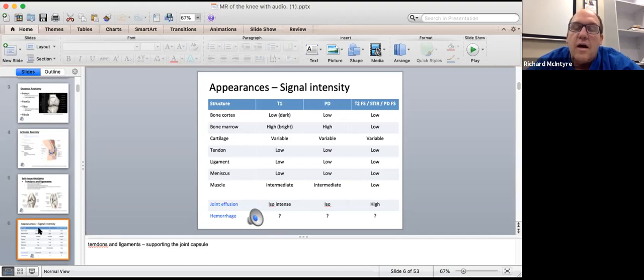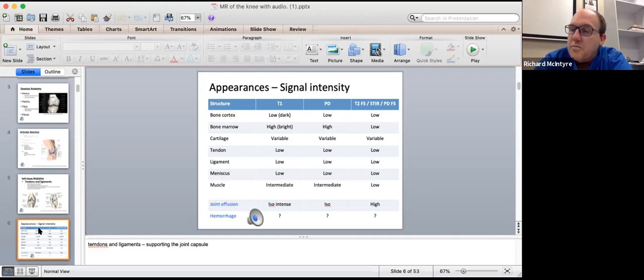Okay. So we know that fat's bright on T1, and that's why bone marrow is bright on T1. We know that fat's got a high signal. Okay, so it's high in proton density, and it's low on T2 fat sat because we've saturated out the fat. Okay, cartilage is variable. We'll talk about that a little bit later on, but there's 4 layers of cartilage.